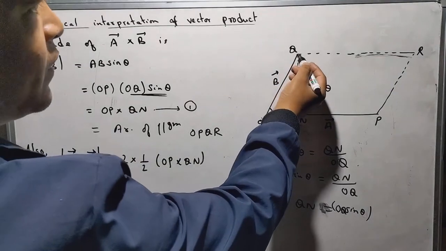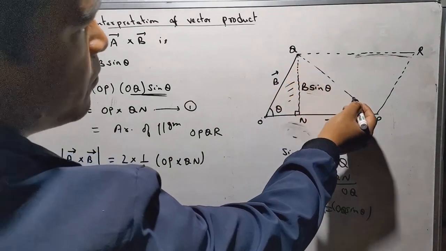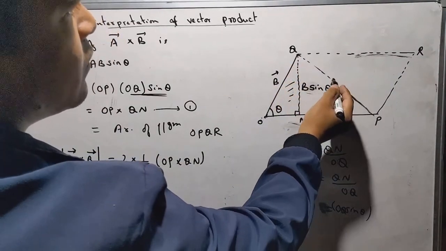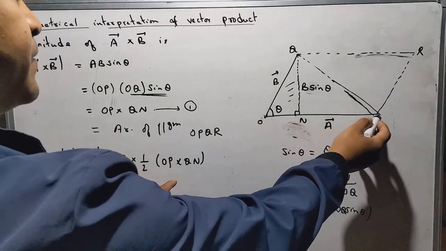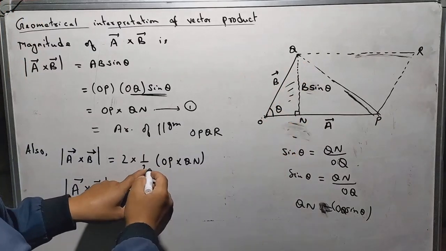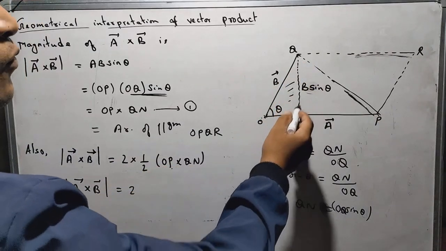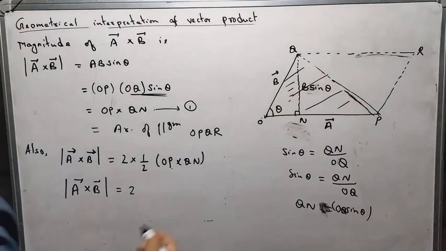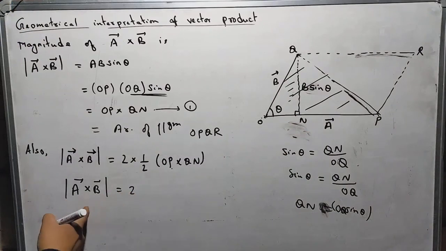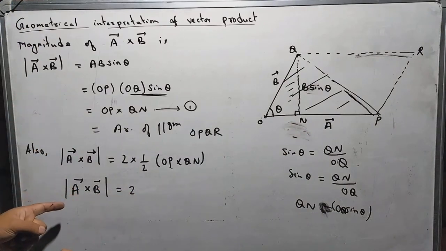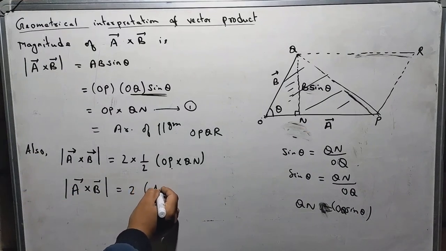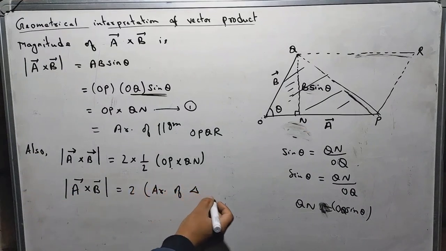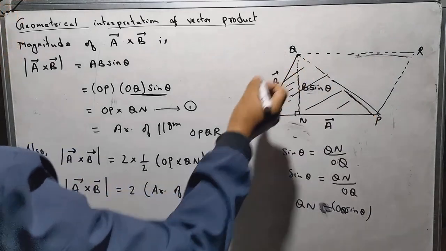So if you join this line QP here, then half OP is the base, QN is the height. So half into base into height gives you what? Area of triangle. So the magnitude of the cross product A cross B is equal to 2 times the area of triangle OPQ.